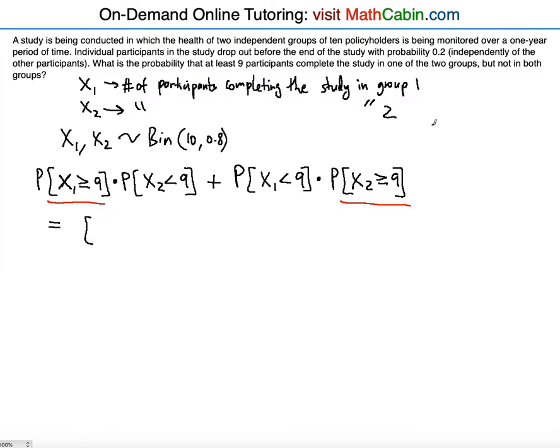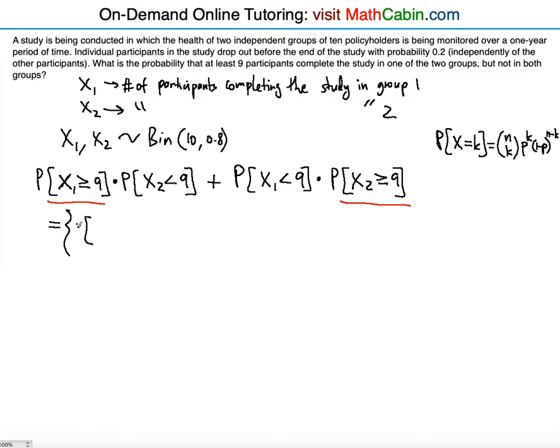So the probability function for the binomial distribution is going to be n choose k, the probability to the kth power, and then the probability of not happening for a given event, of not completing the study, to the power of n minus k, right? So keeping that in mind, we understand that k will be the 9 here, right? So here's what we're talking about.